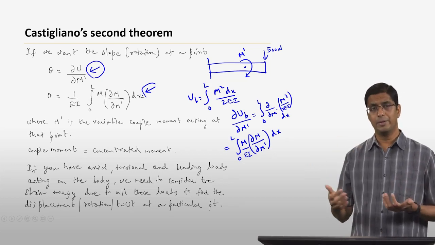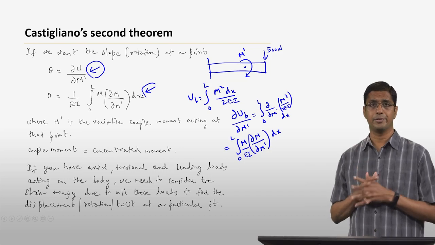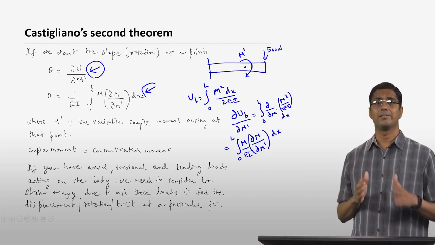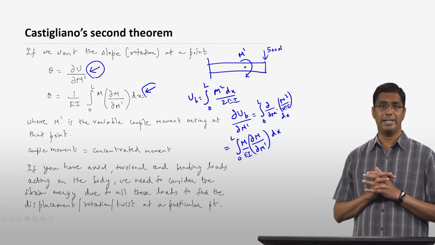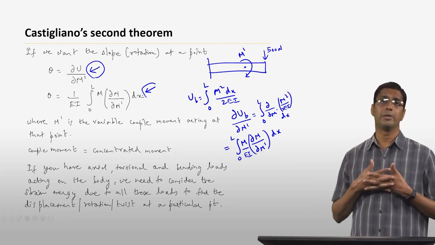Okay, so we will look at multiple examples of using Castigliano's theorem, and each case will be a little bit different, so that you explore a fair variety of problems in how to use Castigliano's theorem.